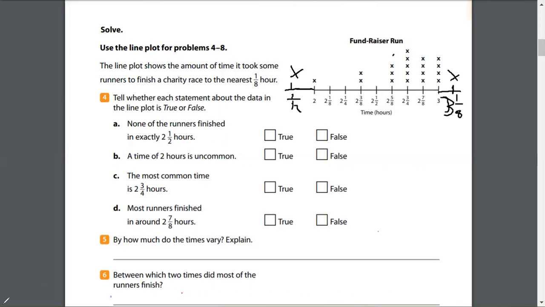Right. And maybe 2 3/4. I would put 2 there because we have more. But we can add more. Because most of our data, if we're going to guess about where more people finished, I still think it's going to be in the same place, right? Because more people already finished this way.